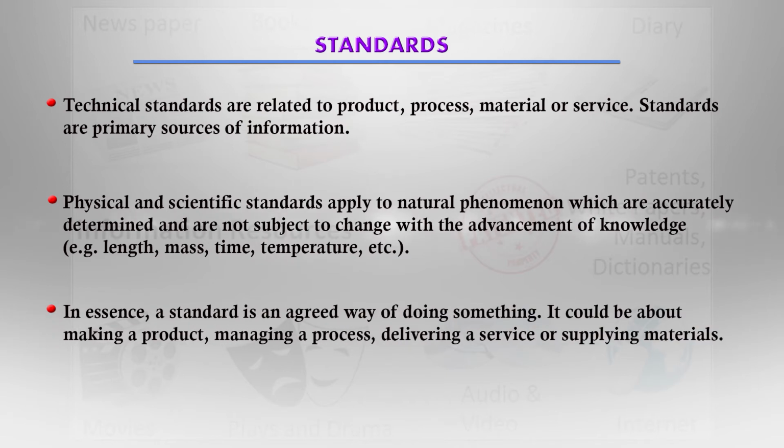In summary, we can say that a standard is an agreed way of doing something. It could be about making a product, managing a process, delivering a service, or supplying materials.